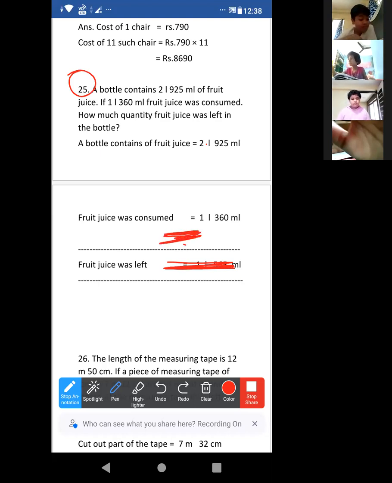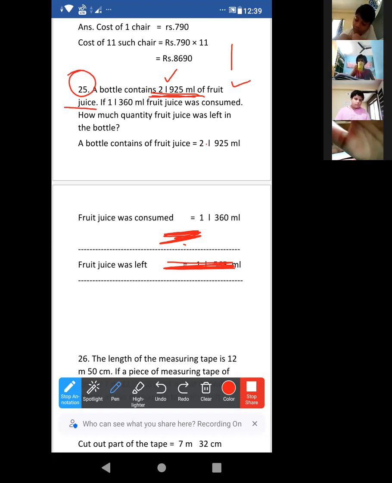Look at this. A bottle contains 2 liter, and this one is liter. This type of given, it looks like 1 or it looks like I. It is liter, L. A bottle contains 2 liter 925 milliliter of fruit juice.